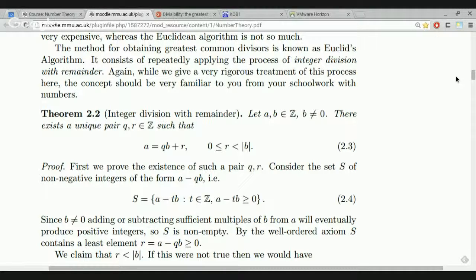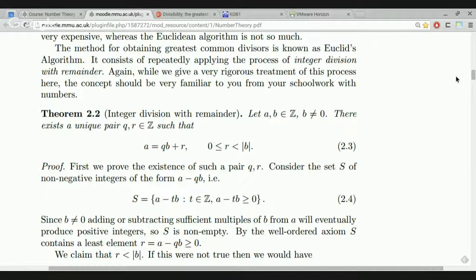No. If I'd included 1, then there would be. 1 is the smallest number, but I haven't included 1. I'm just looking at everything strictly bigger than 1. It's an infinite set of rational numbers, and there is no smallest element in the set. Whichever one you try and make the smallest, say something really close to 1, there'll always be an infinite number that you can squash in between that number and 1.